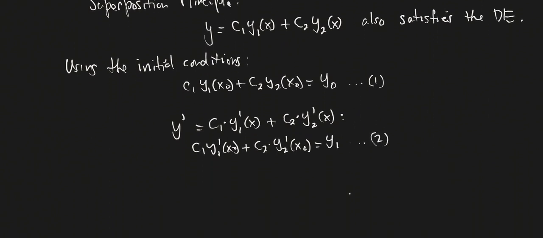So what we actually have here is a system of equations. There are two equations, two unknowns. I don't know what the c's are, but the y1 of x0 and the y2 of x0, those are numbers. And similarly, y1 prime of x0 and y2 prime of x0, those are numbers.